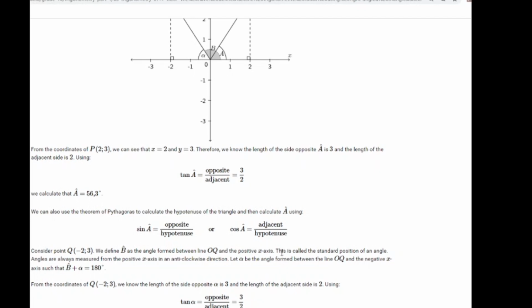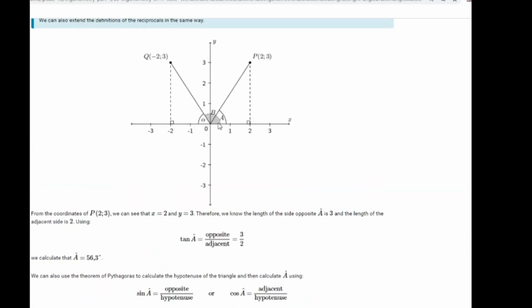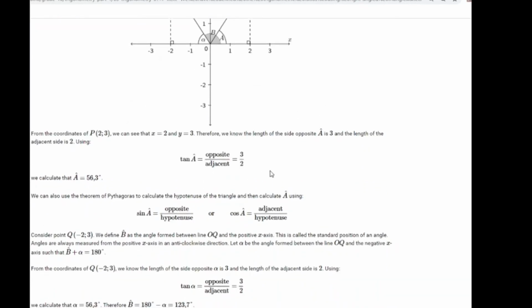This is called the standard position of an angle. Angles are always measured from the positive x-axis in an anti-clockwise direction. The angles are measured between the positive x-axis and this line in the anti-clockwise direction. So they are measured like that, right?